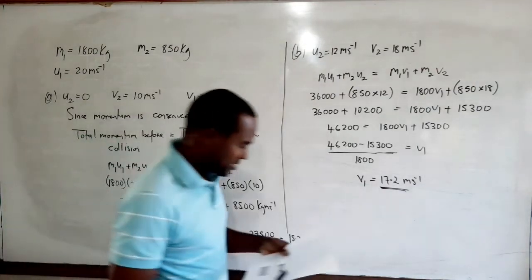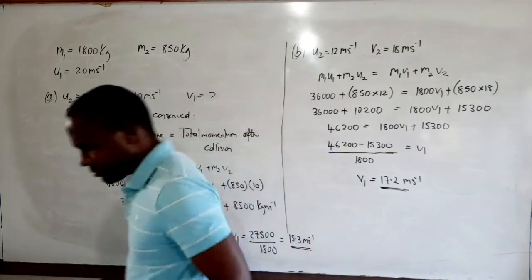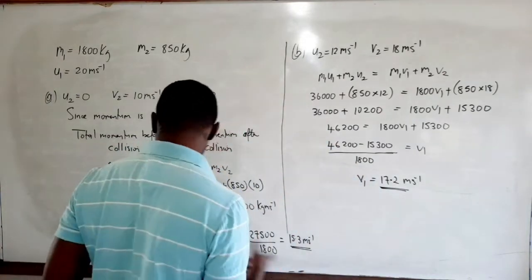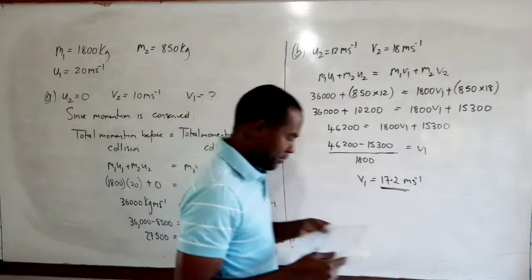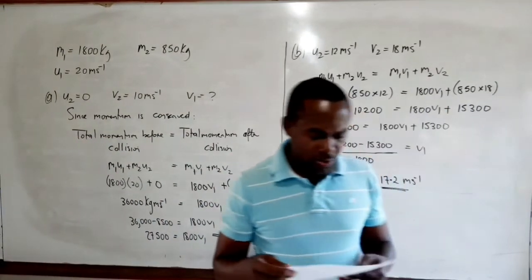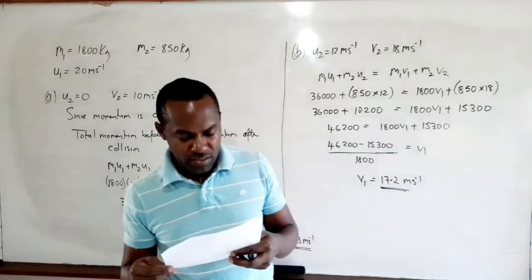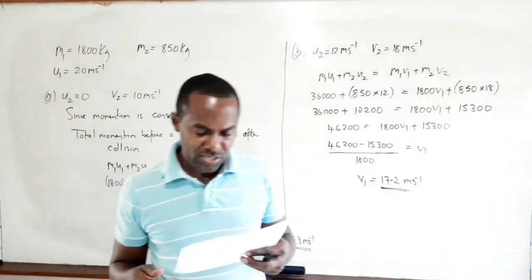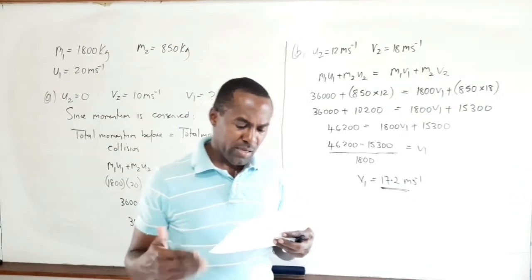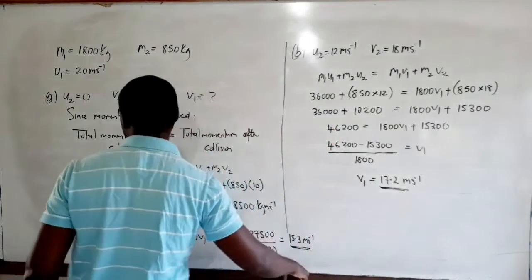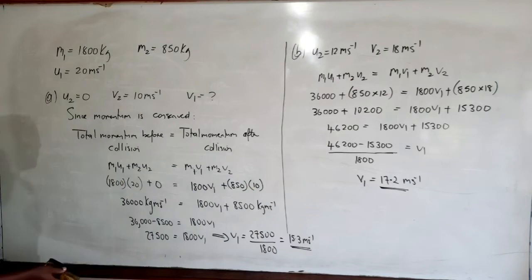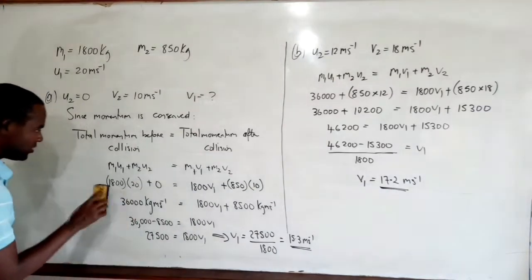Now let's look at part C of the question. In part C, the two cars become stuck together in the impact, and the smart car's initial velocity is 15 meters per second in the same direction as the Evoque. So we'll take off what we don't need.